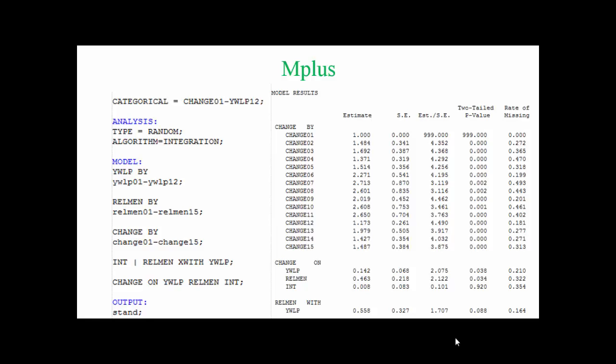Okay, what Dr. Tolan is asking here is that there are lots of different ways to create interaction terms. We saw in the moderated mediation model a second ago where I used the define command to both center my predictors and to form the M by Z and the age by gender interaction. Well, I used the define command because all those variables were observed. The reason you need a specialized command like xwidth is because prior to the model command forming those latent variables, YWLP and relmin, those variables don't exist.